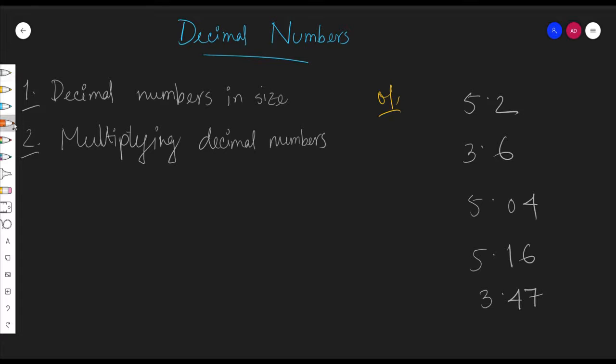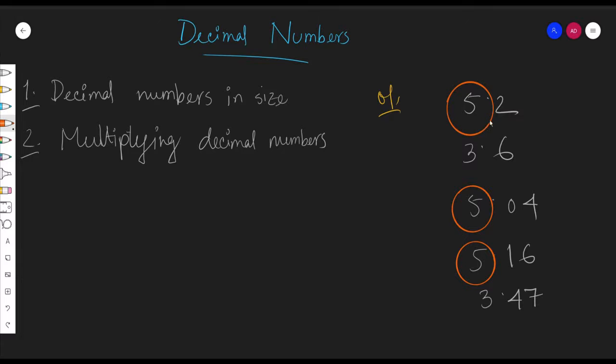All right, now let's come to the point straight. How can we sort the numbers? First, we have to compare the whole numbers. What is the biggest whole number here? The biggest whole number is 5. There are three 5s, you can see. Among these three, we will get the highest value.